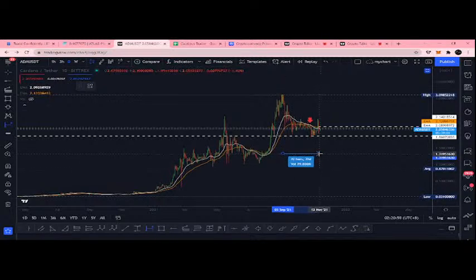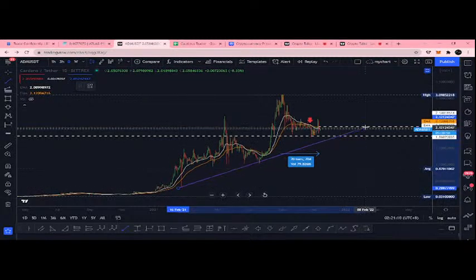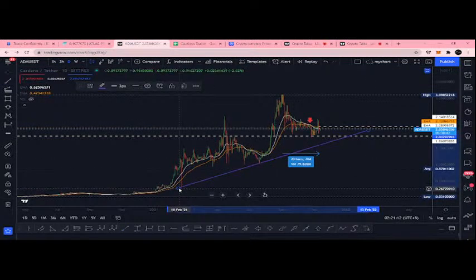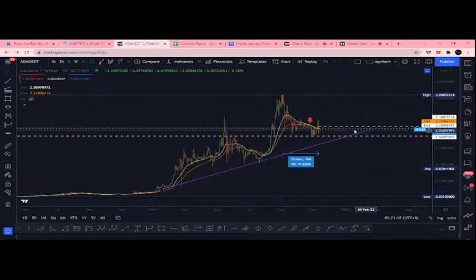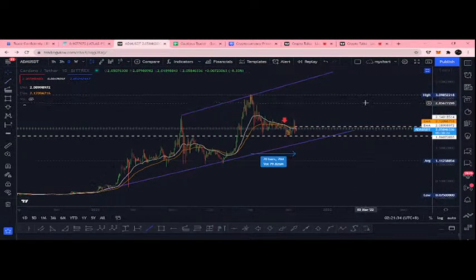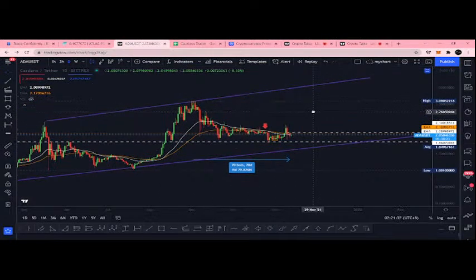On a conservative note, possibly within this area.